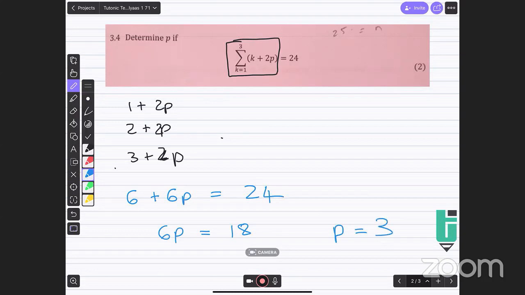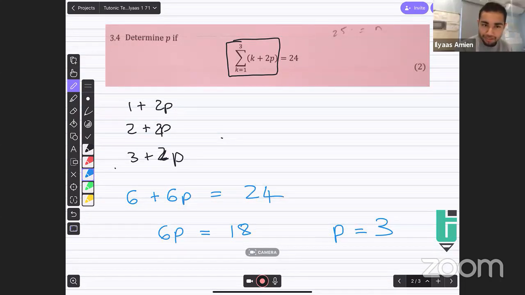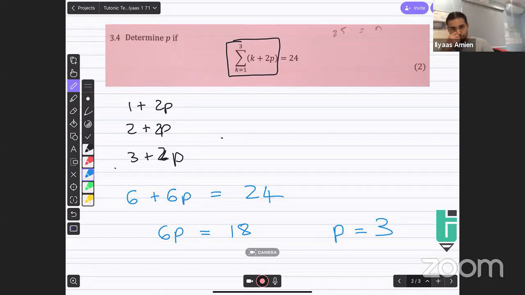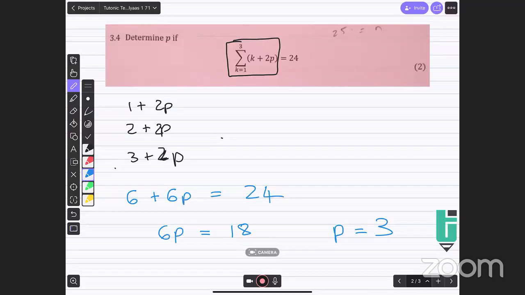Okay. Is everybody comfortable with sigma notation? Kind of. What are you not sure about? I do understand this, but I just get confused when I find some questions in the past paper which are complicated.